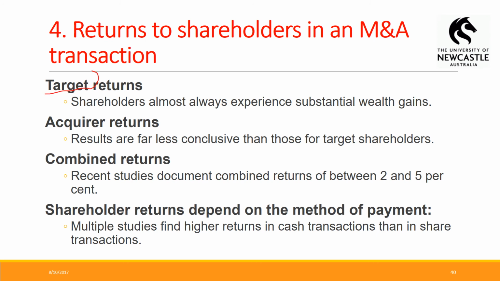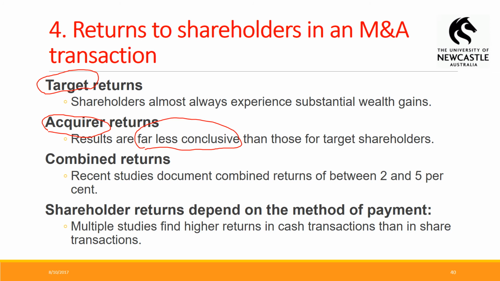Overall, for target shareholders, we find that they always get positive returns after an M&A transaction. For acquirer returns, the result is the opposite. Overall, the empirical evidence is mixed, but at least in the short term, we find that acquirer shareholders suffer losses after an M&A transaction.